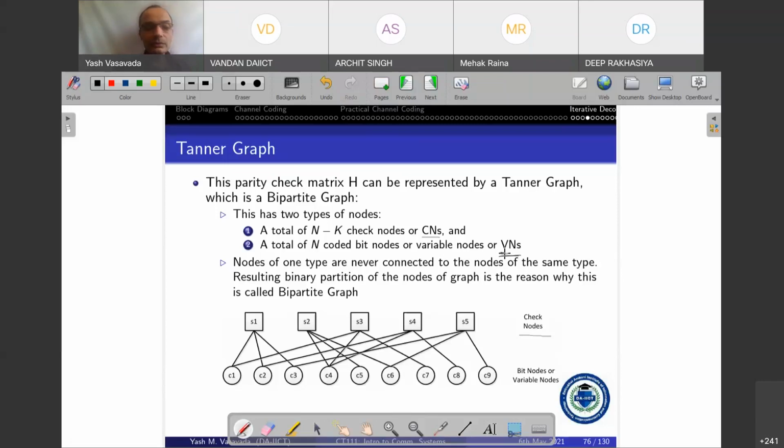Hello, sir. Yes, Vandan. Sir, I think there is a mistake in this graph. Okay. Sir, C1, C2, C4, and C5 are information bits, right? Yes. According to the square parity check, all of them should be connected twice with S1, S2, S3, S4, S5. But C4 is connected 3 times and C5 is connected only 1 time.